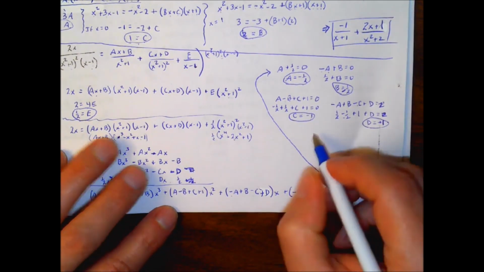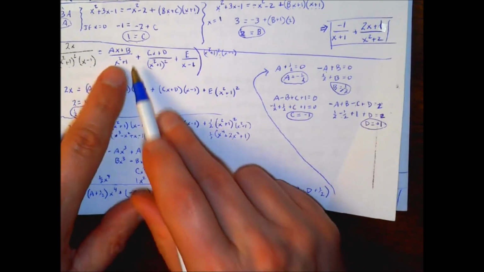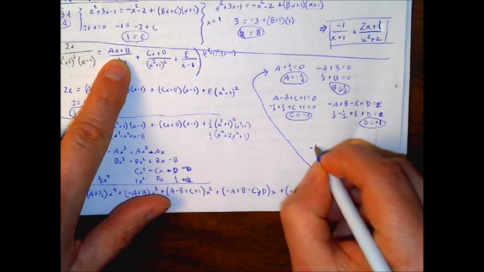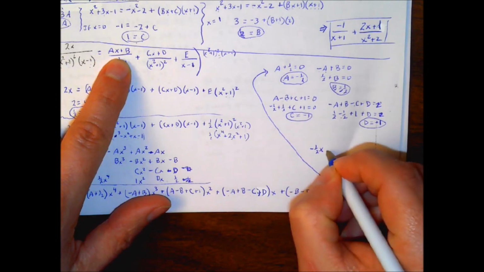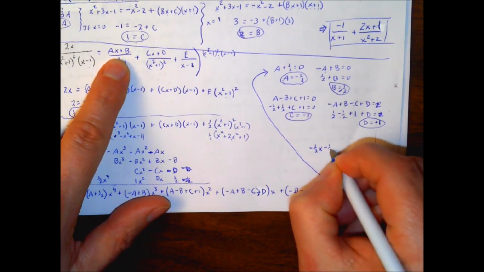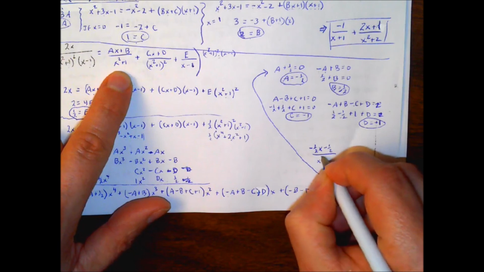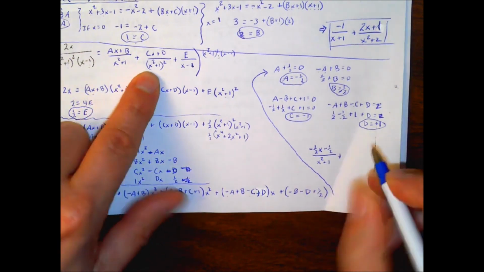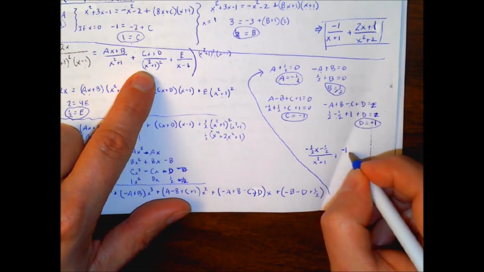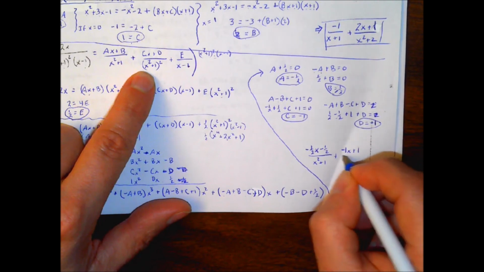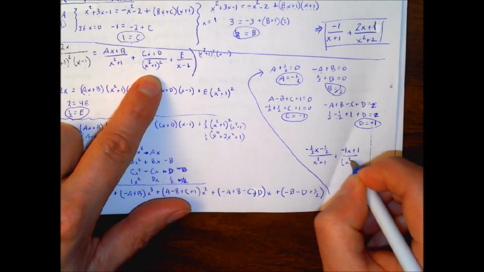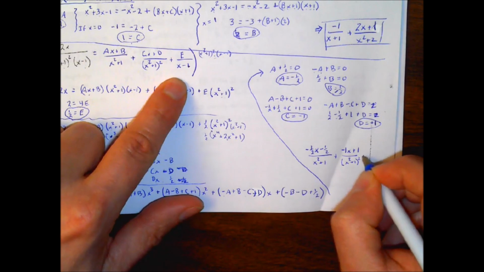So I know my decomposition is going to be the a, which is negative 1/2, x plus the b, which is negative 1/2, over my x squared plus 1, plus my c, which is negative 1x, plus my d is 1, over x squared plus 1 squared, plus my e.